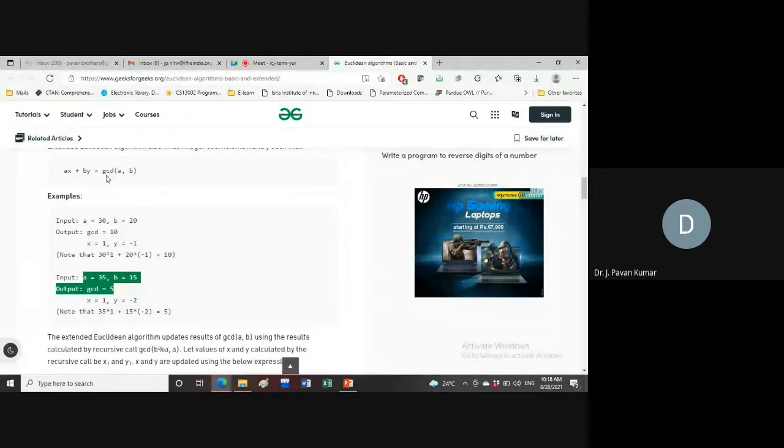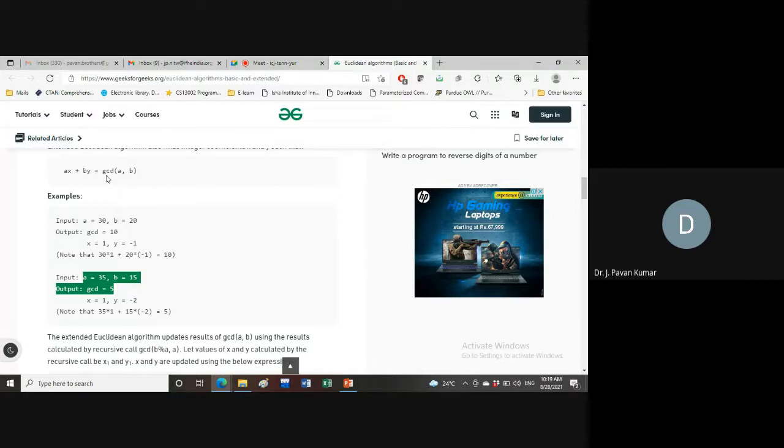Did you understand the question? Suppose I give you 10,000 and 449, can you give the GCD of 449 and 10,000? Yes, definitely one will be the GCD in the worst case. For any number, one is a factor. So one can be considered as the GCD for any two numbers, even if both are prime numbers.